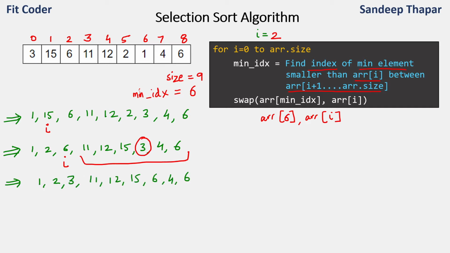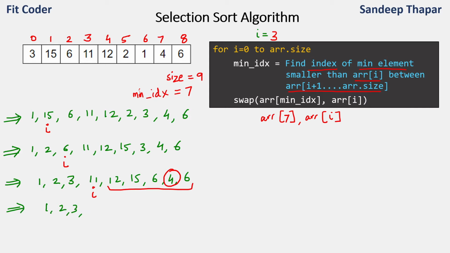In the next iteration I will come at third index, and we need to find the minimum element between these 5 elements. The minimum element here is 4 because 4 is less than 11. So the index is 7. We'll swap array of 7 with array of I, so 11 will be swapped with 4 and the array becomes this.